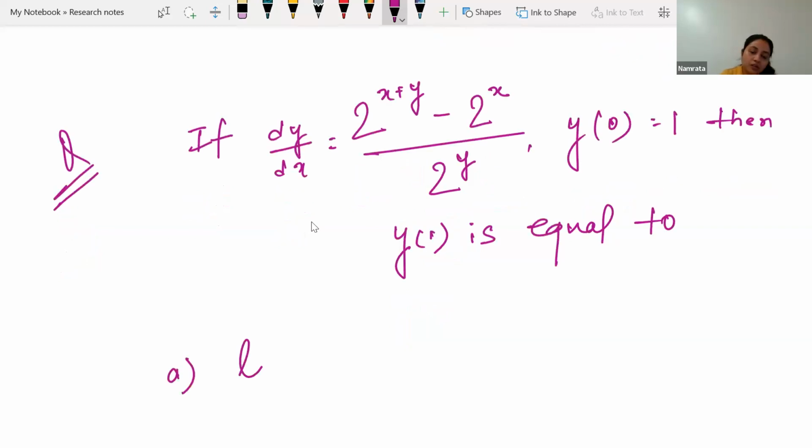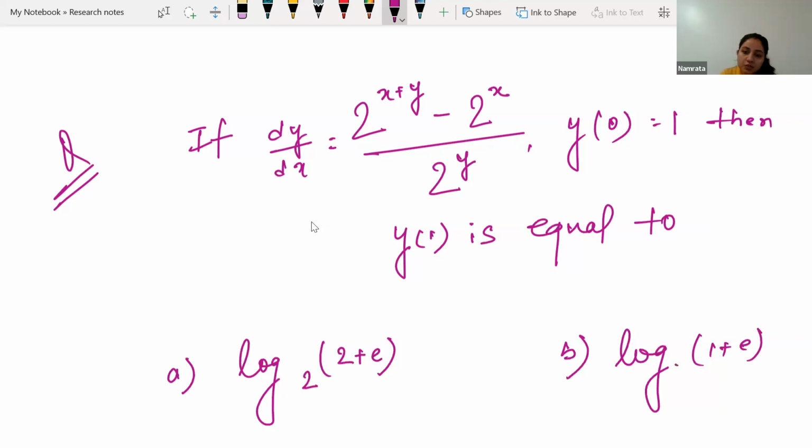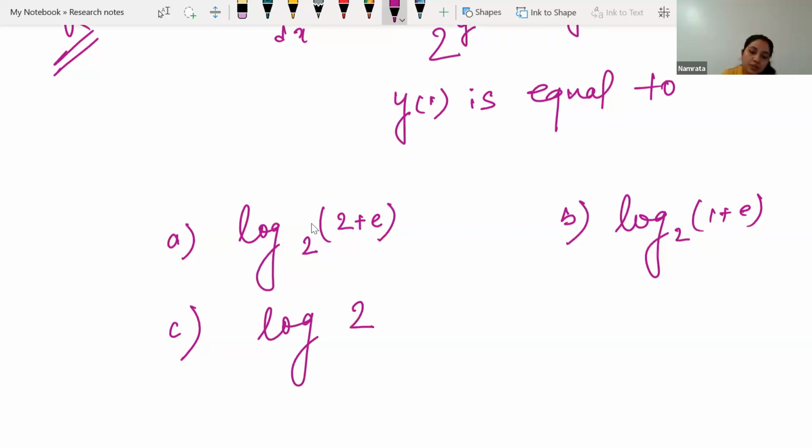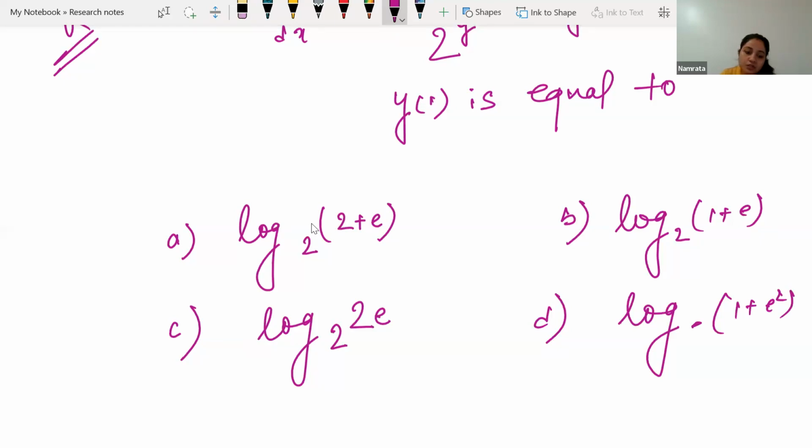Option A log 2 plus e base 2, option B log 1 plus e base 2, option C log 2e base 2, and option D log 1 plus e square base 2. Again, okay, let's see how to do it.